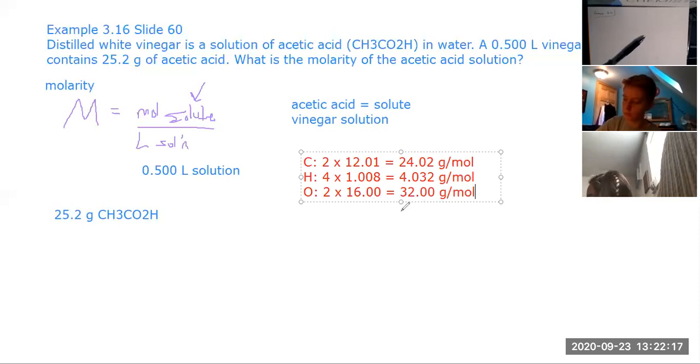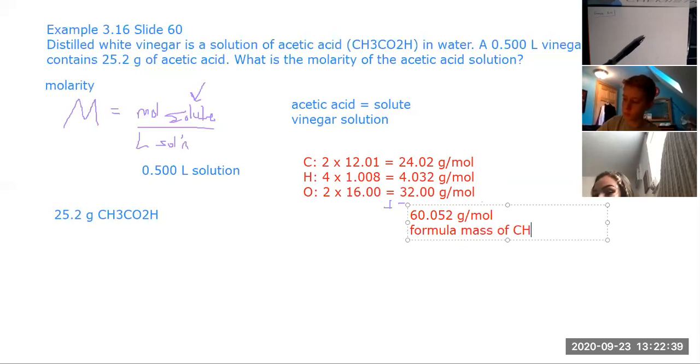I add all of those together to get my formula mass of acetic acid, and that's going to come out to be 60.052 grams per mole. That is the formula mass of acetic acid, CH3CO2H.